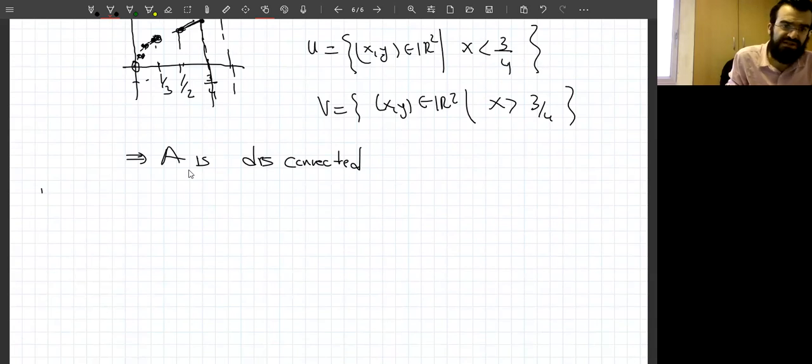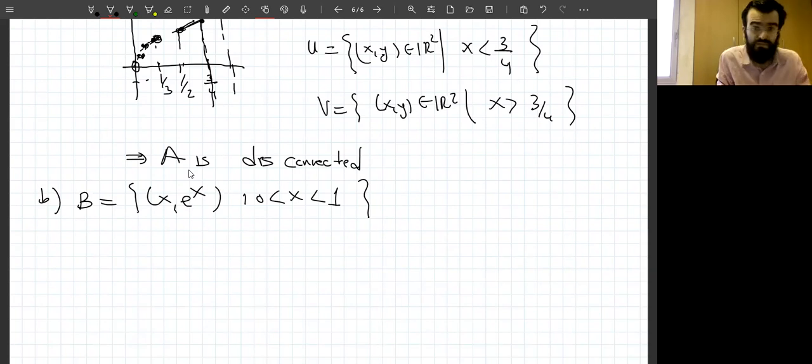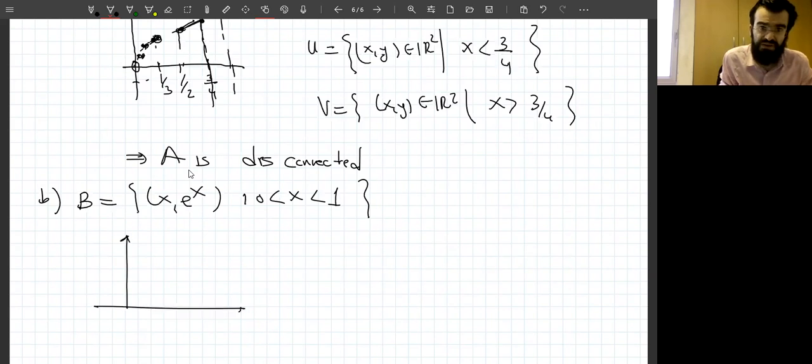What about this set B, the set of (x, e to the x)? Here, this is y equals e to the x.